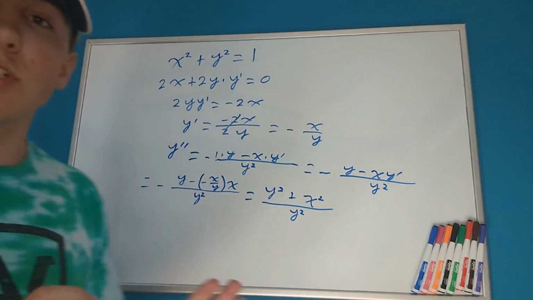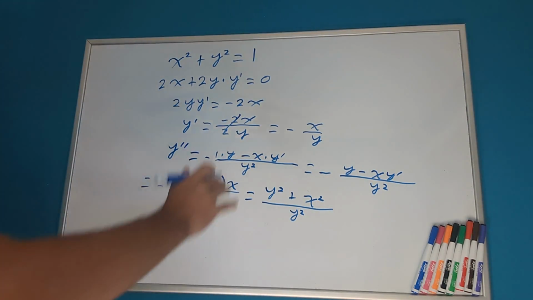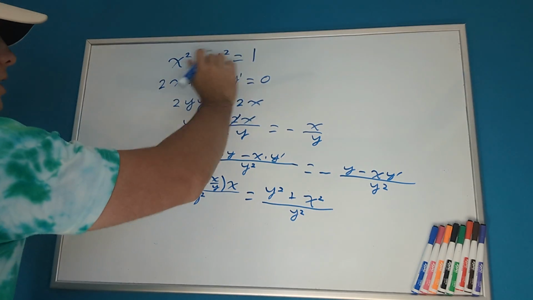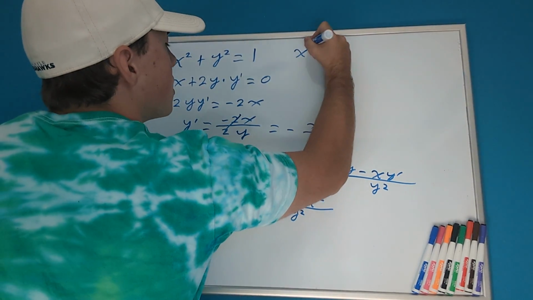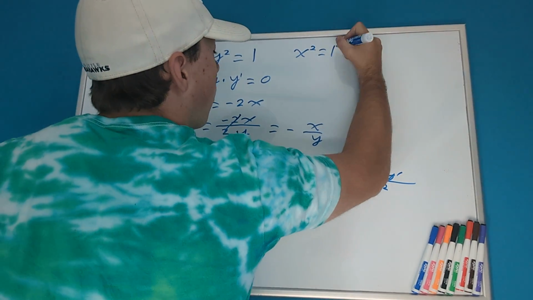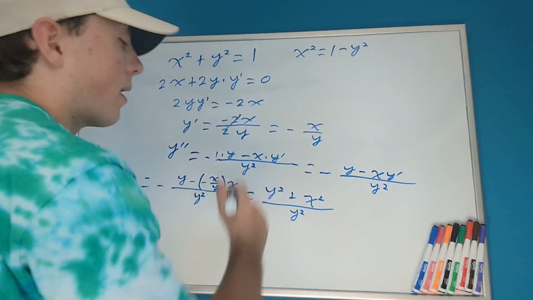Now, you might just stop here, but we wouldn't be correct in doing that because we can now come up to our original equation, and we can write it in the form x squared equals 1 minus y squared. So we now know what x squared equals.